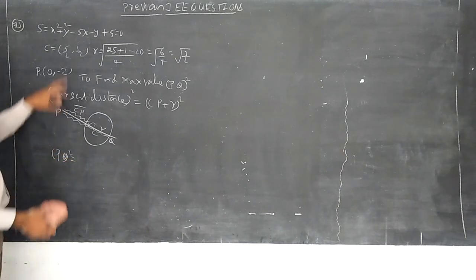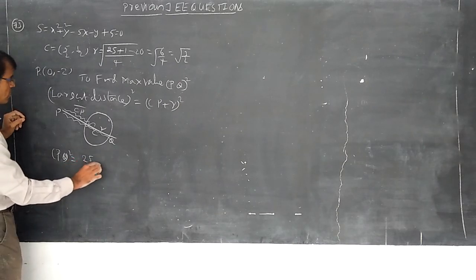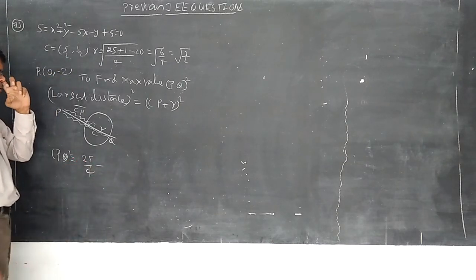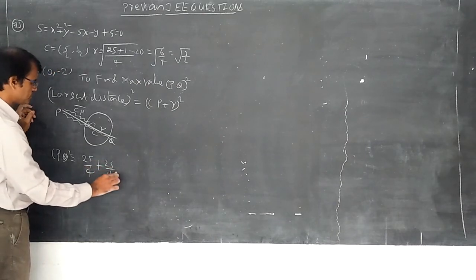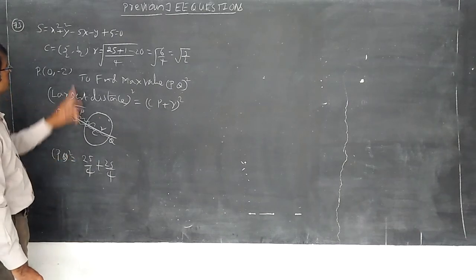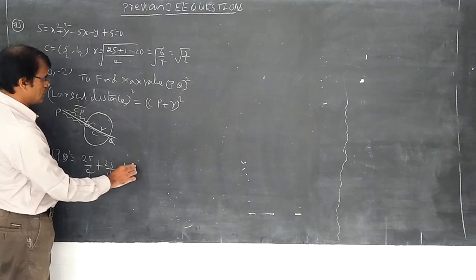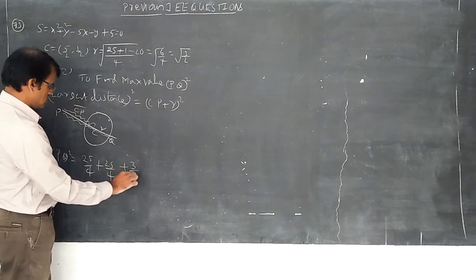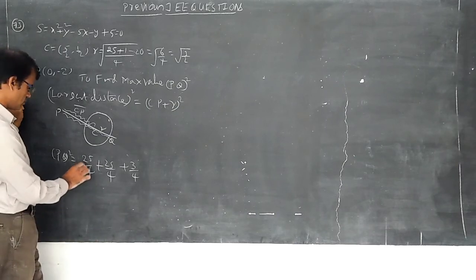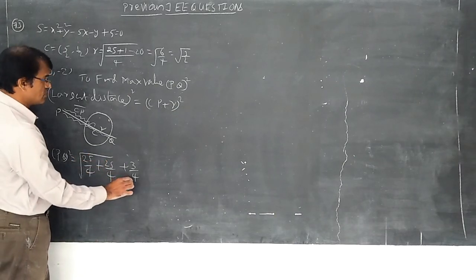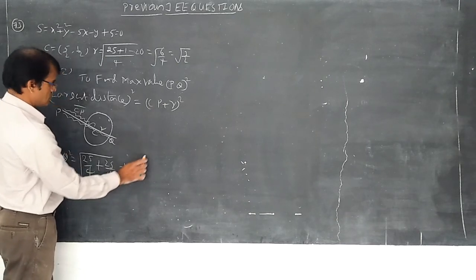PQ whole square is equal to CP plus R, whole square. What is CP? You can write here (5/2 minus 0) whole square, 25/4, plus (1/2 plus 2) whole square, 2 2s are 4 plus 1 is 5, so it is also 25/4. And what is R? Root 3 by 2, whole square. So CP plus R whole square.